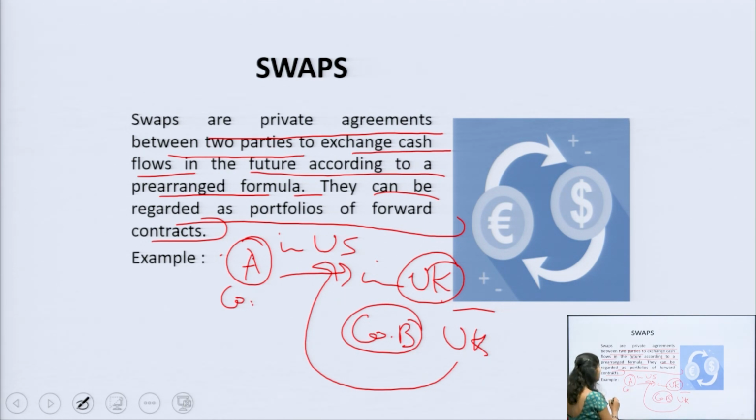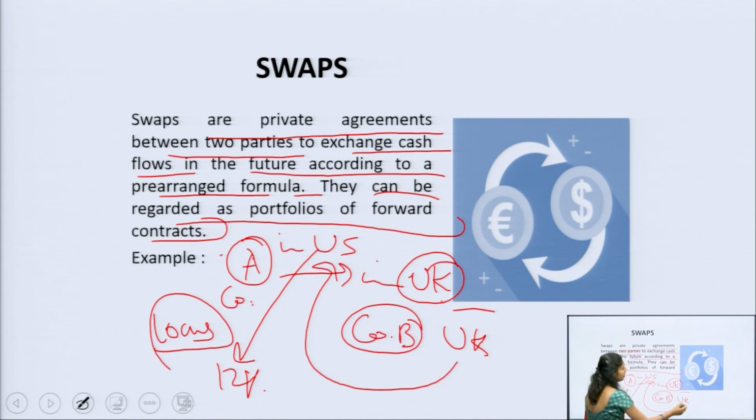In that case, they are taking a loan from the bank. The US bank offers a 12% interest rate, and the UK offers a 13% interest rate.